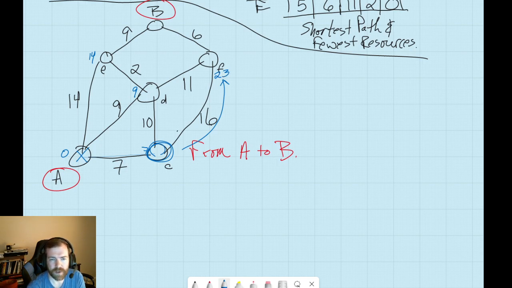Or it's going to cost us 7 plus 10 to get to D is going to be 17 along this path. And since 17 is greater than 9, we would never select this path.